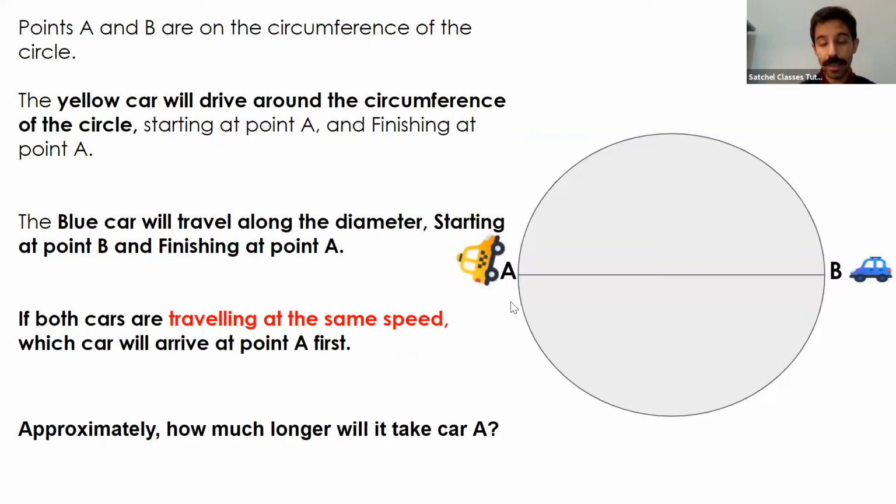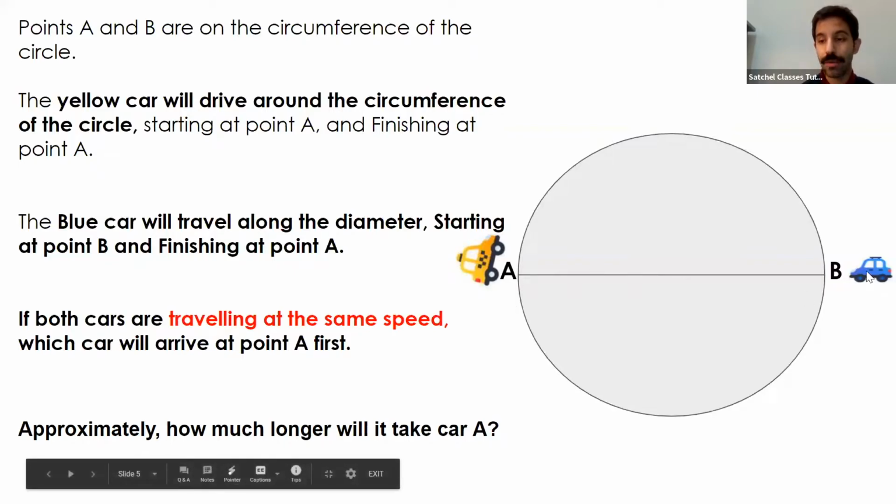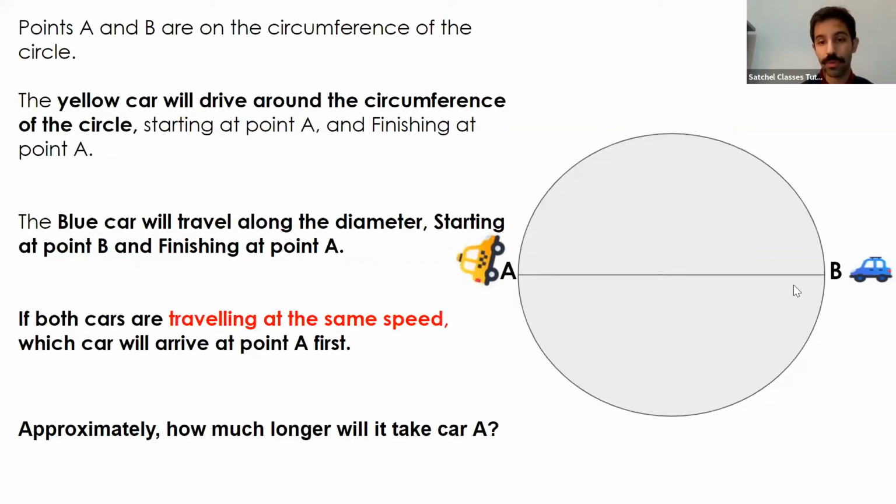Again, you can pause the video if you want to think about it, but the answer is it would take the yellow car just over 3 times longer to go around the circumference than it would the blue car. So what that tells us is that the relationship between the circumference and the diameter is that the circumference is approximately just over 3 times longer than the diameter.